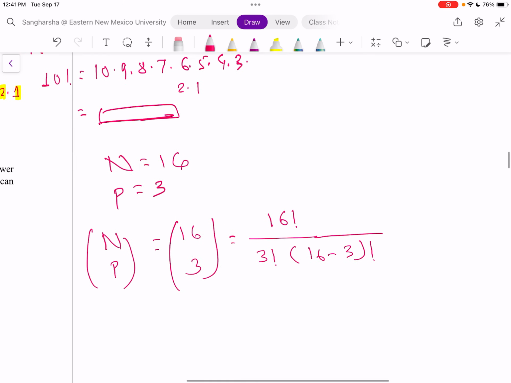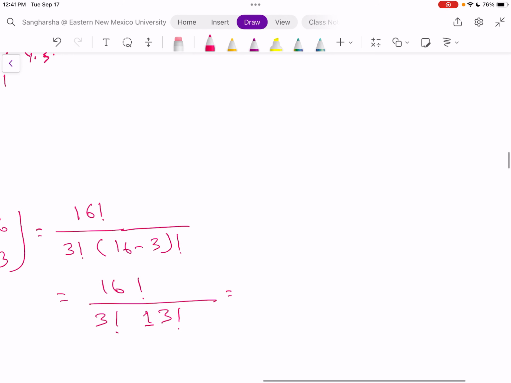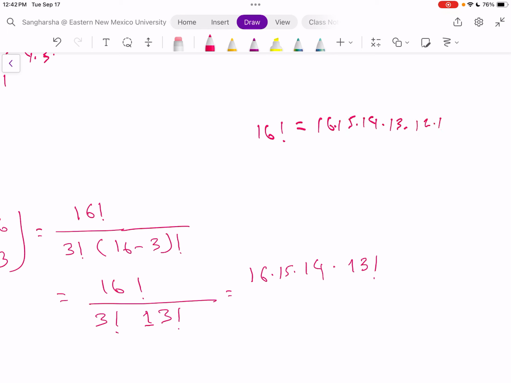Now let's simplify this. So we have 16 factorial, this is 3 factorial, and 16 minus 3 is 13 factorial. What is 16 factorial? 16 factorial is 16 times 15 times 14 times 13 times 12 times 11 all the way up to 1, right?